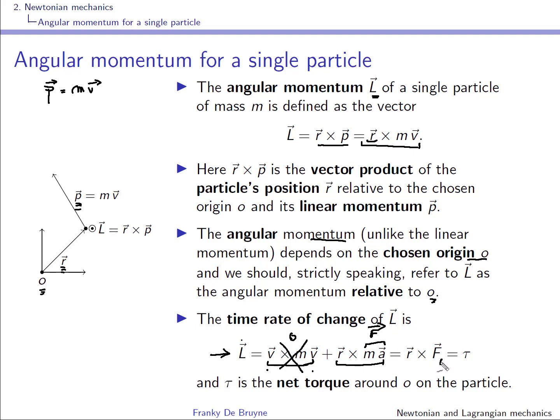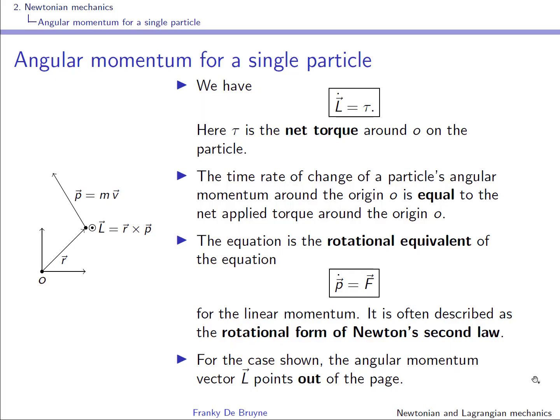So we obtain this quantity here, and this we know that it's the net torque that is applied on the particle around the origin in your reference frame. So the time derivative of L, the angular momentum, is equal to the net torque that is applied.